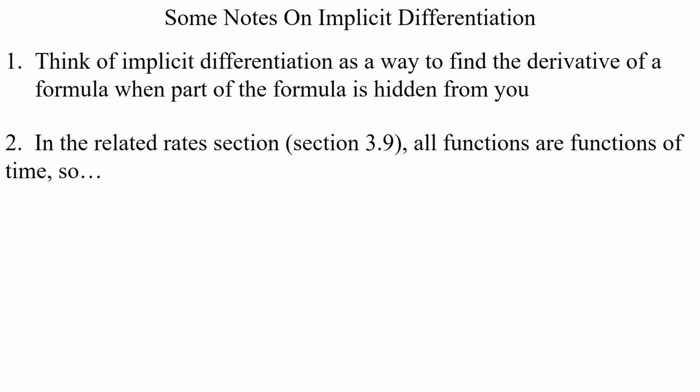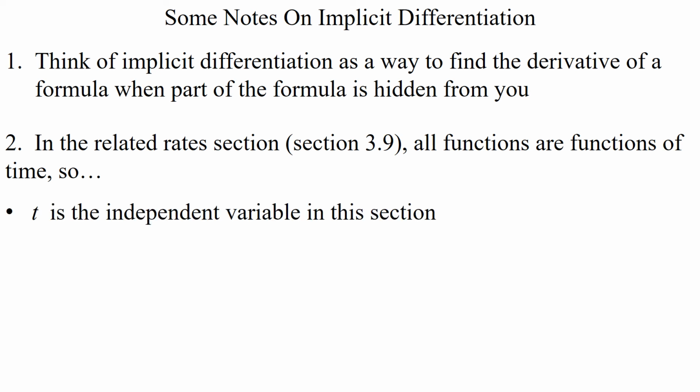In the related rates section, all functions are functions of time. Time is the input, time is the independent variable, not x, which is what it normally is. So t is going to be the independent variable in the related rates section.